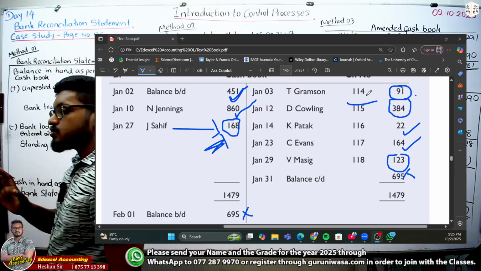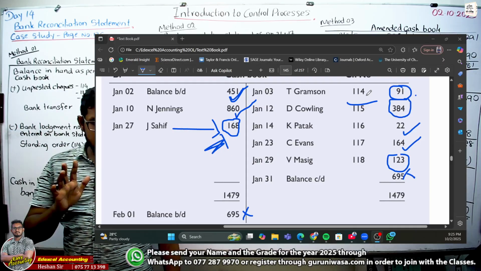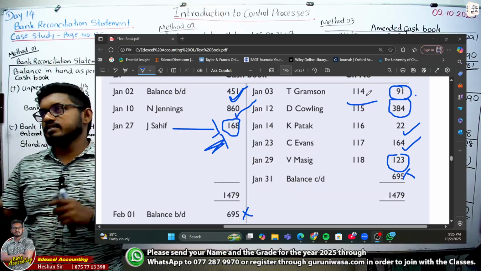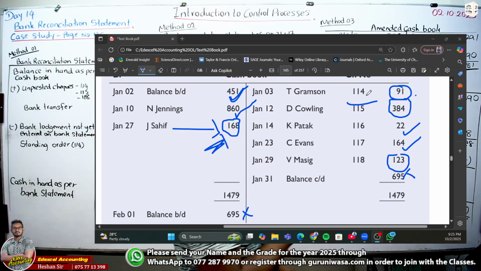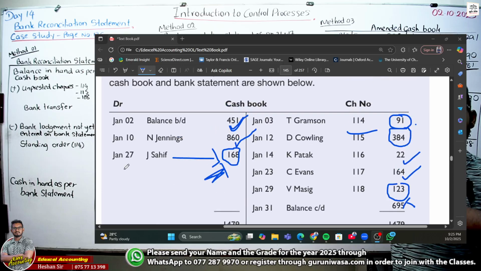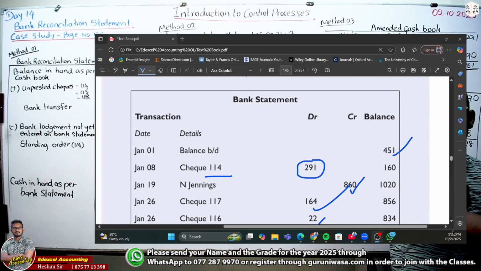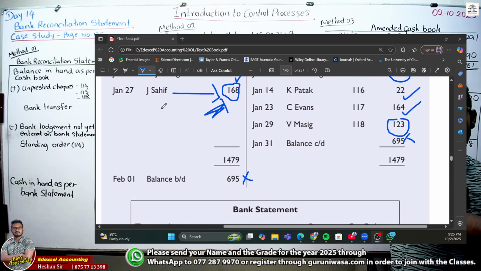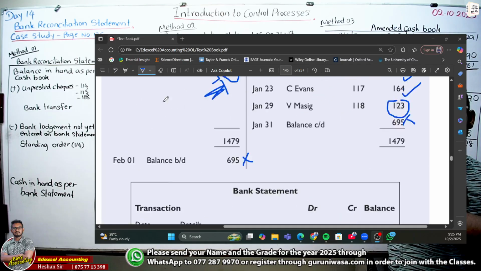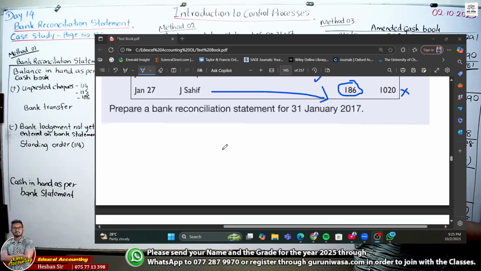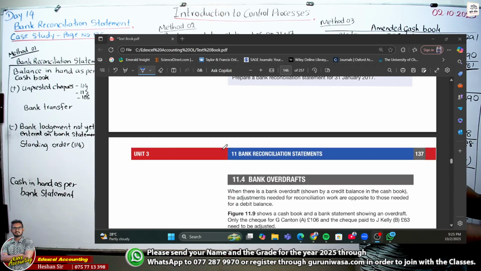If two values, it means there's an error. Understand? So sometimes it's a business error or a bank error, and they haven't given it. In here also 160, same name, Sahif, but two values. Something is wrong but they haven't said which end has the error. So I just treat it as normal.